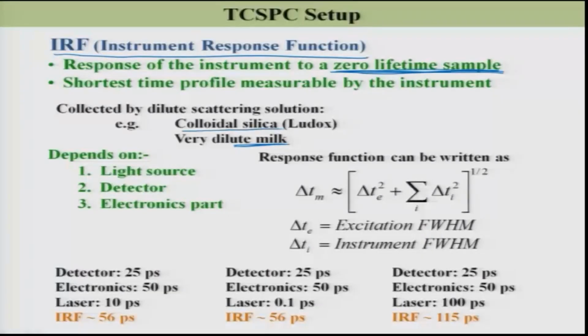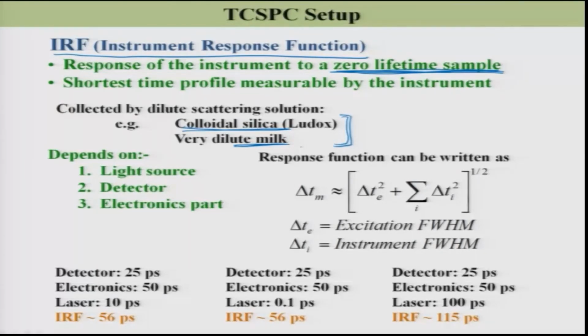So I am going to use a scatterer. Some people use dilute milk, that is also a very good scatterer. One can use colloidal silica. Whatever scatterer you want to use, you can use. That scattered light is the 0 lifetime sample in our case.